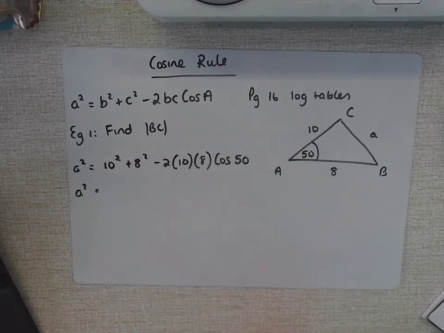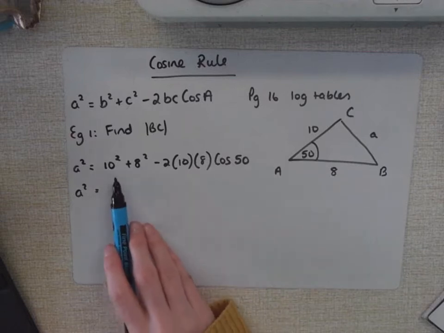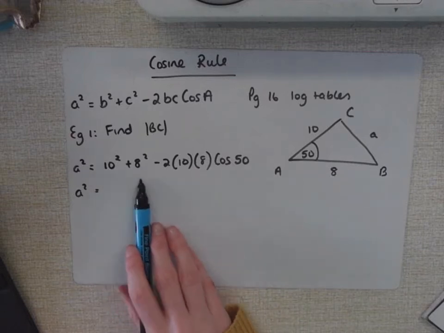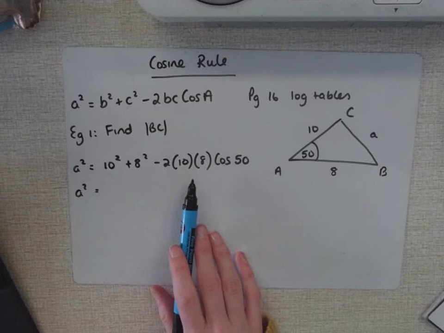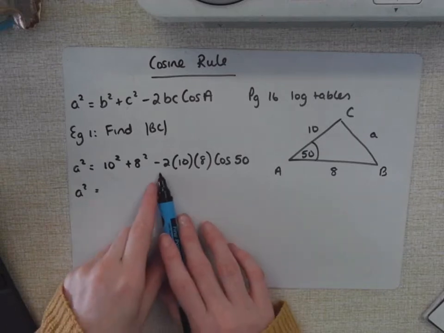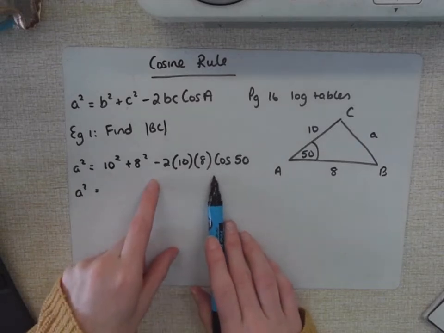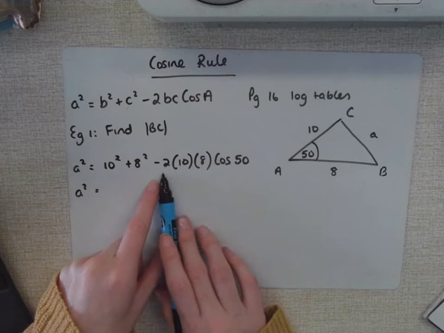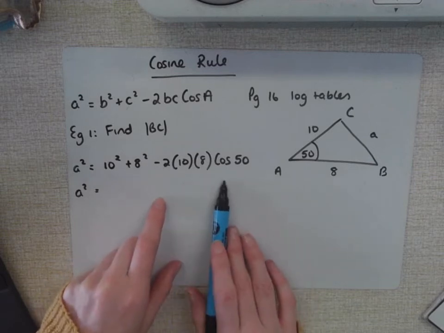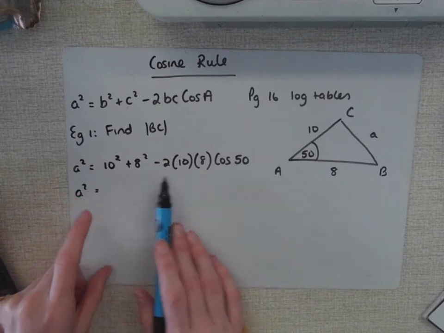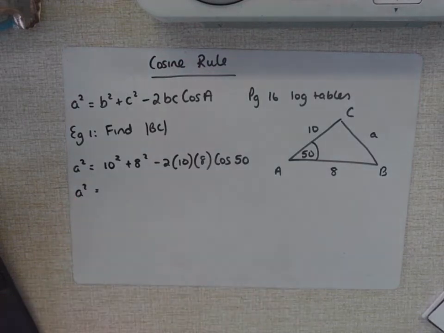10 squared plus 8 squared minus 2 times 10 by 8 by cos of 50. You can't do 10 squared, which is 100, plus 8 squared, which is 64, 164, take 2 times 80, 160. You can't do that because the minus 2 by 10 by 8 is being multiplied by the cos 50. So you have to multiply first before you can take that answer from that.